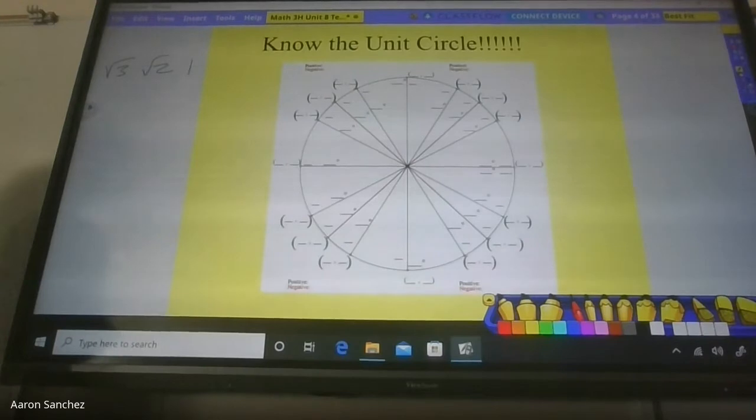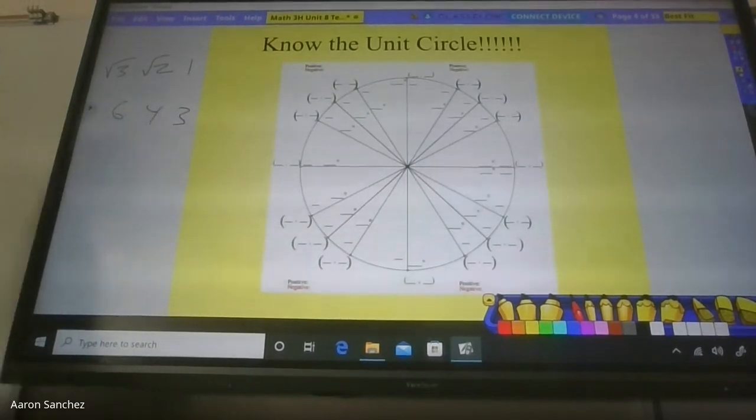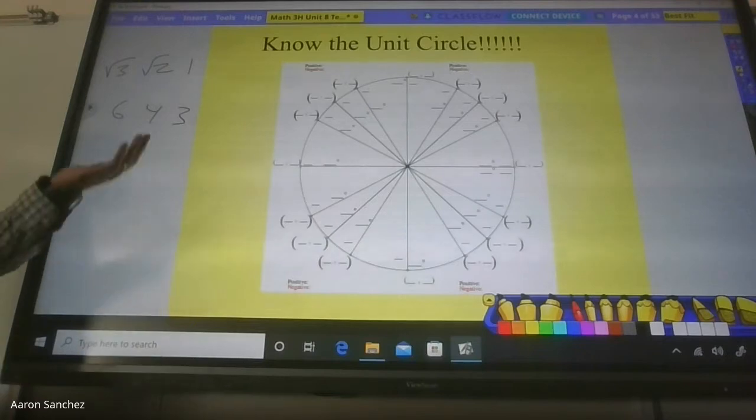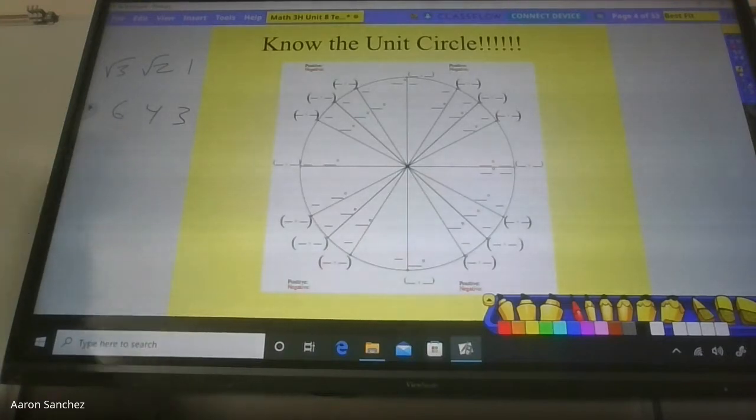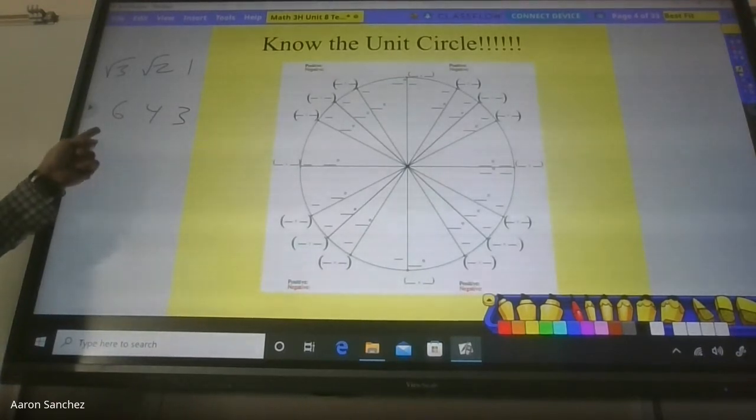And what else? 6, 4, 3. You know those numbers, you're going to know pretty much the whole unit circle. Also 2 on the bottom. All the others, you have to use intuition. But starting from the set for radians is 6, 4, 3.